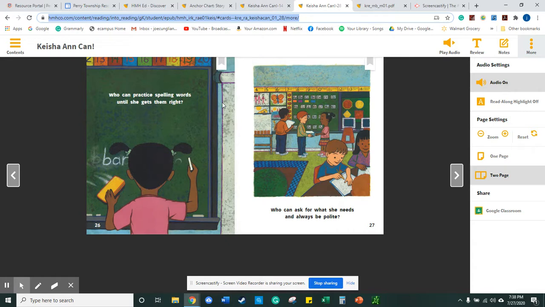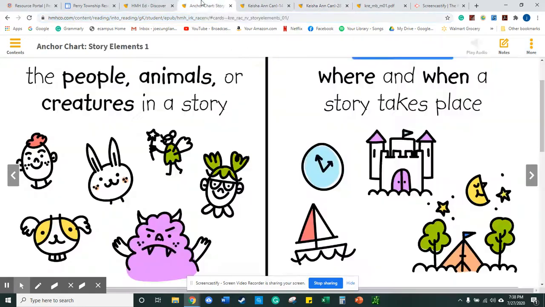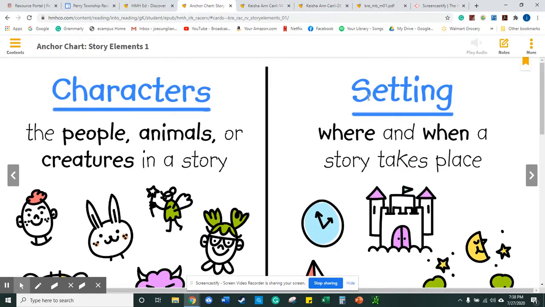Correct. Great job. You used the clues from the picture to figure out the setting of the story. Where the story took place was in a classroom and inside the school. Remember that identifying the characters and the setting helps us become better readers and helps us understand the story better.